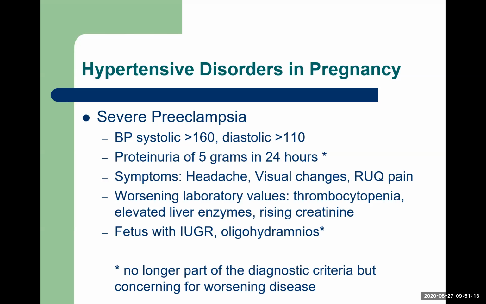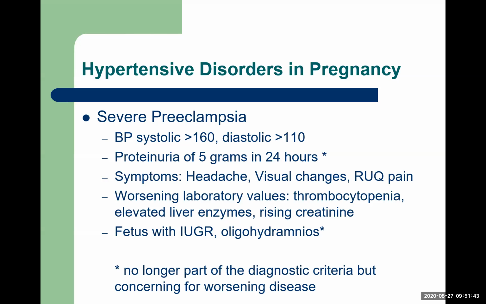Then the symptoms that make it severe preeclampsia are headache, visual changes, and right upper quadrant pain, or the laboratory values, which include thrombocytopenia, elevated liver enzymes, or a rising creatinine. A fetus that has IUGR or oligohydramnios as well used to be part of the diagnostic criteria.